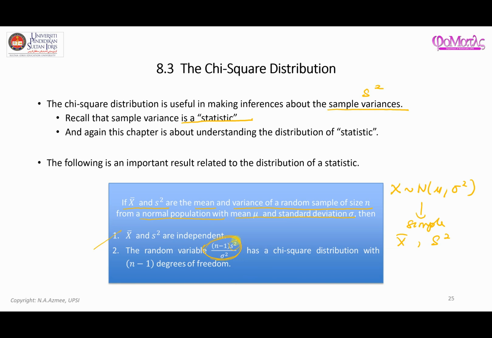So y, which is equal to n minus 1 s squared over sigma squared, will also have a chi-square distribution with degrees of freedom n minus 1. So this is the result related to the distribution of some part of the sample variance s squared. Not exactly the distribution of s squared, but this is the quantity that has the statistic s squared in it, okay?